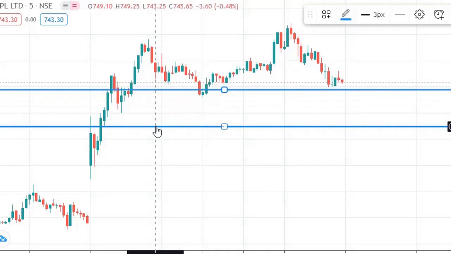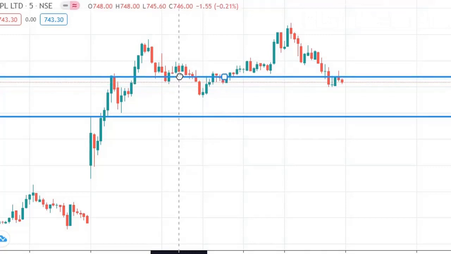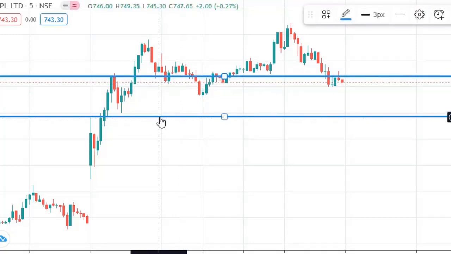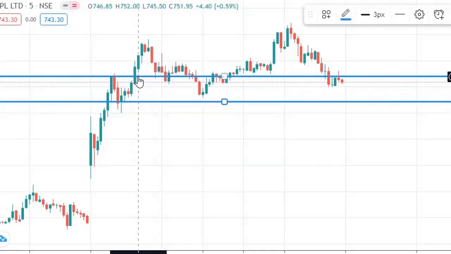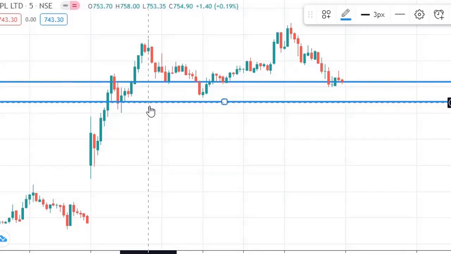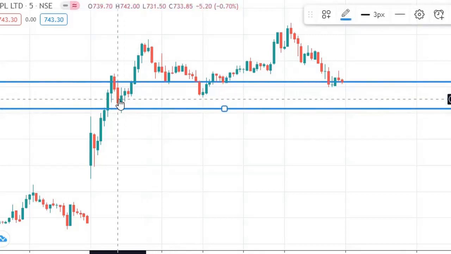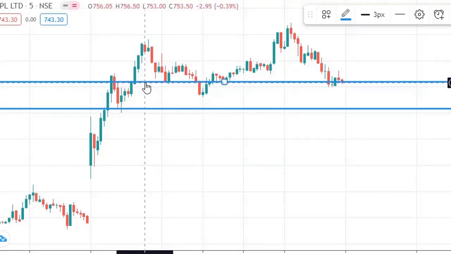Again upside, so close upside, so I'm marking high and low. Then again I'm marking high and low of this candle. So this candle close, so I'll see high and low of this candle. Now again this candle closed up.